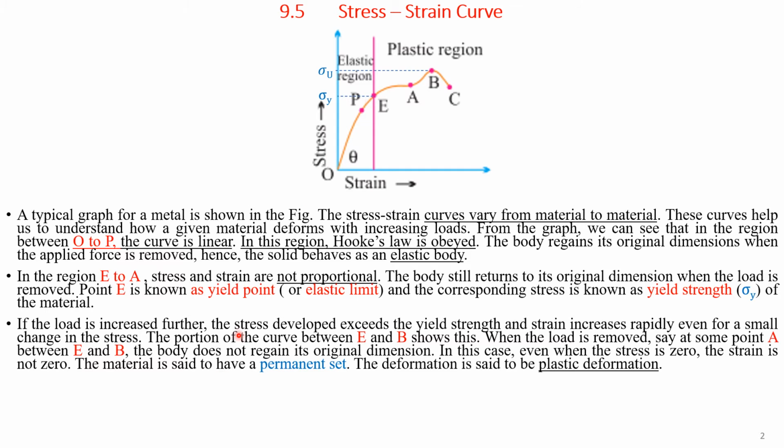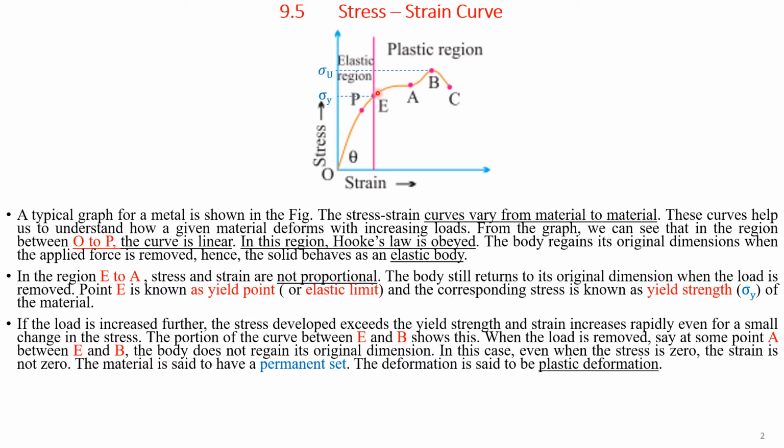If the load is increased further, the stress developed exceeds the yield strength. If you increase the load further beyond E, the strain increases rapidly even for a small change in the stress. The portion of the curve between E and B shows this.